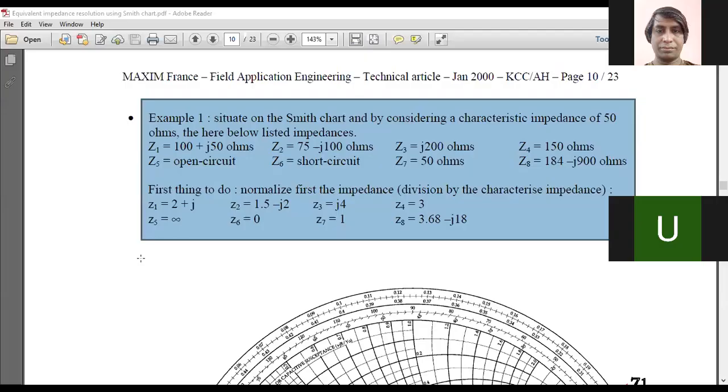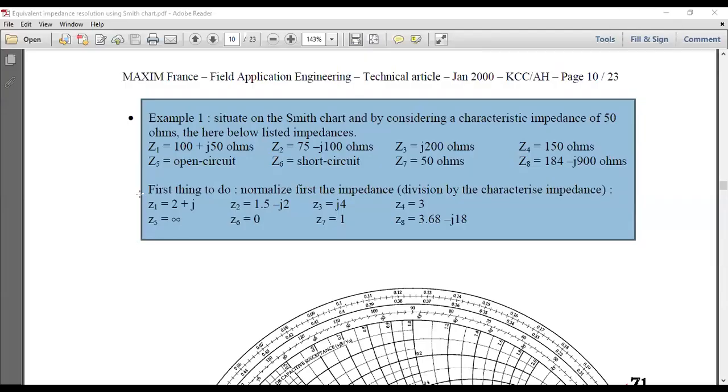So you just noted down these impedances, all of you. On a piece of paper or a notebook, you just take down all these impedances and let me know whether you are able to do it.